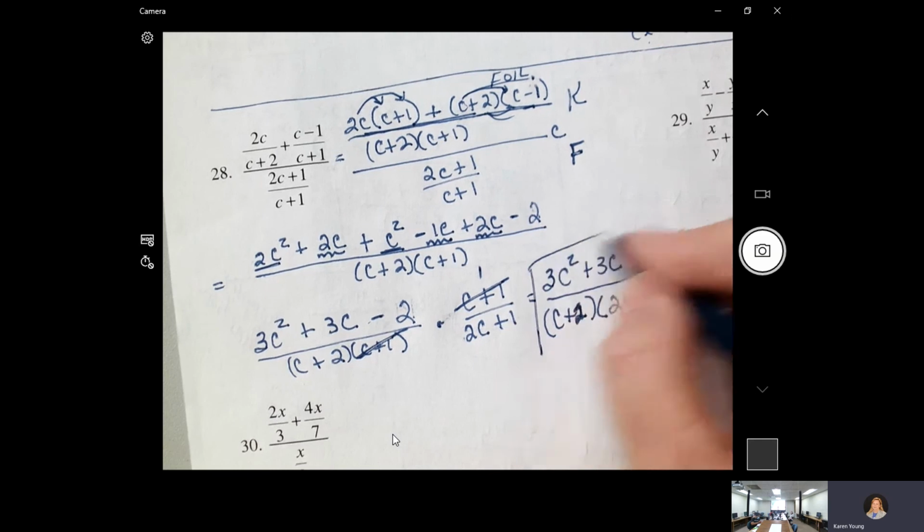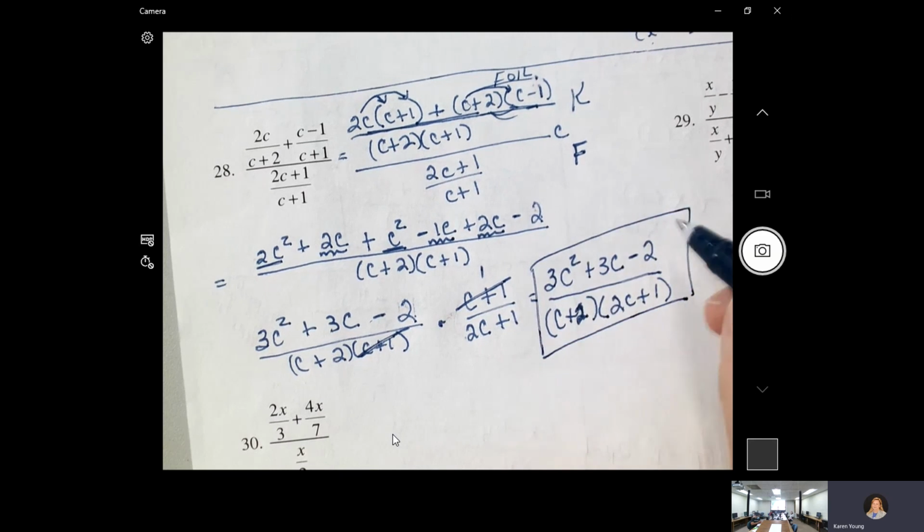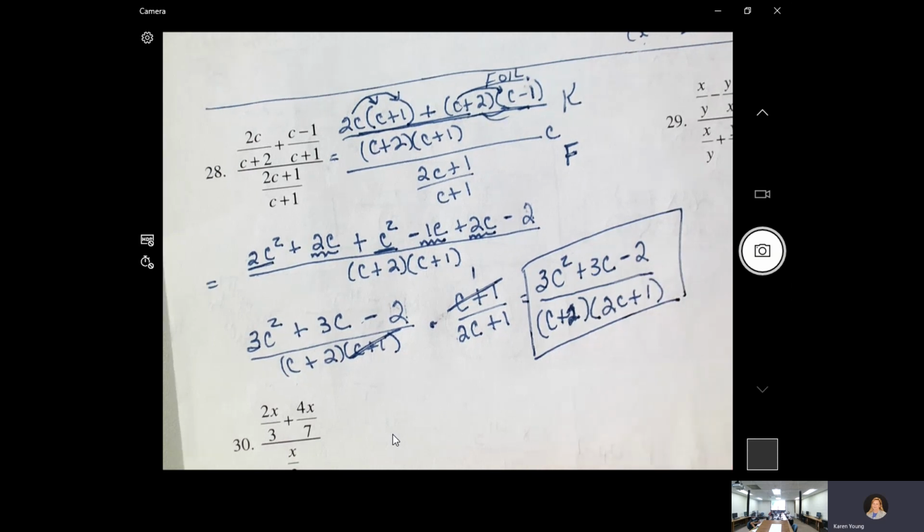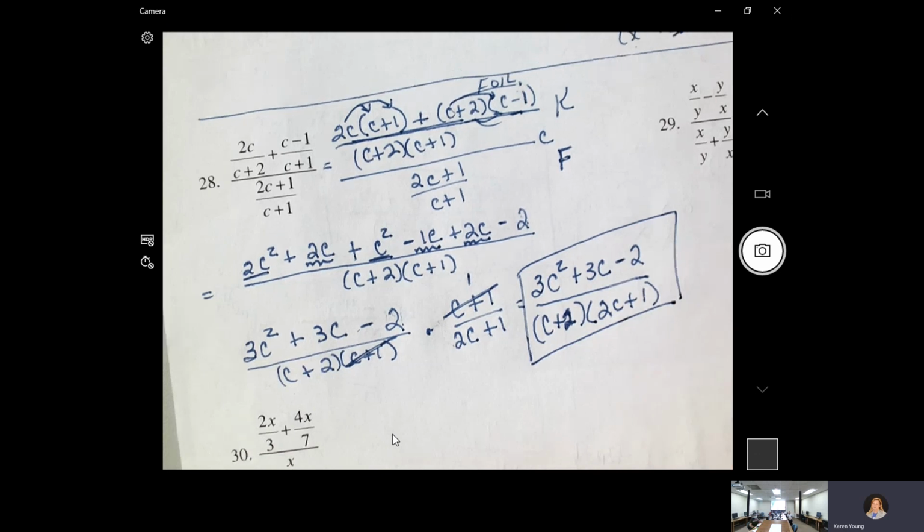You don't have to. What we're going to do, we're not going to worry about factoring the top and canceling. If you can get right here right now, then I'm happy. We'll worry about the rest of it later. Can you not try to combine the bottom? We could FOIL it out, but at this point, there's no reason to. There's no point.